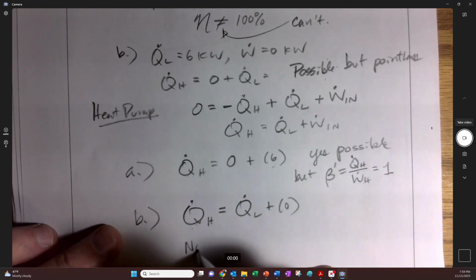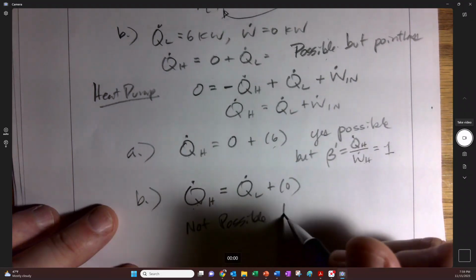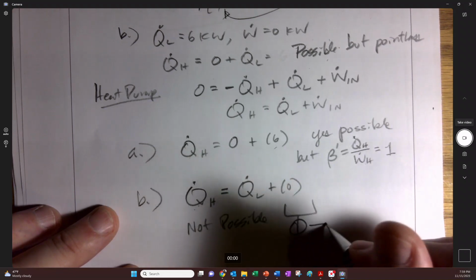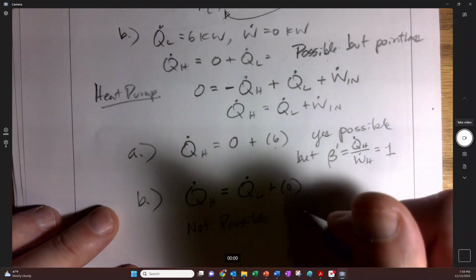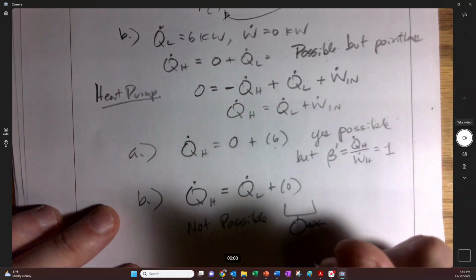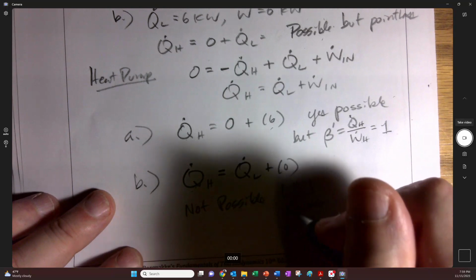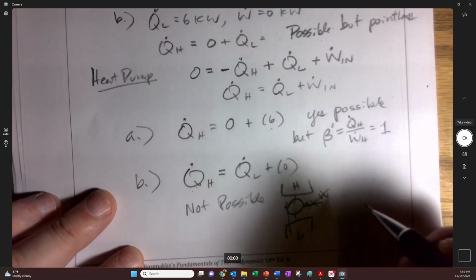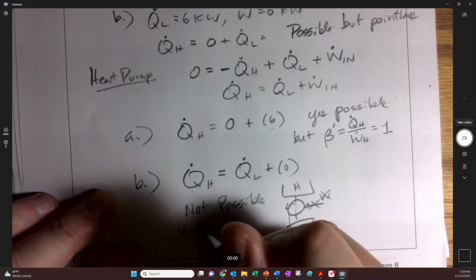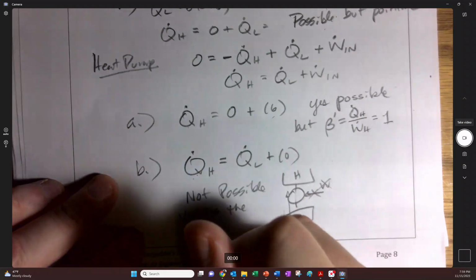But this is not possible because there's no work coming into this thing, but you're going to be moving heat from a low temperature into a high temperature without ever having any work. So this is not possible because it violates the Clausius statement.